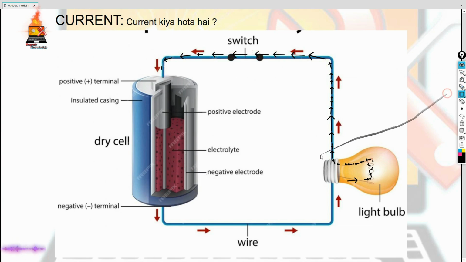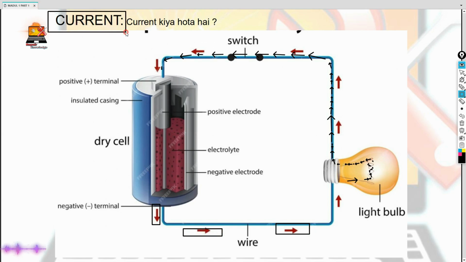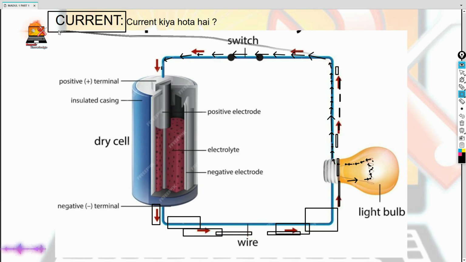I'm going to go a little deeper and tell you. So this process of pulling, these running electrons, we call current. You are understanding? Remember this much.